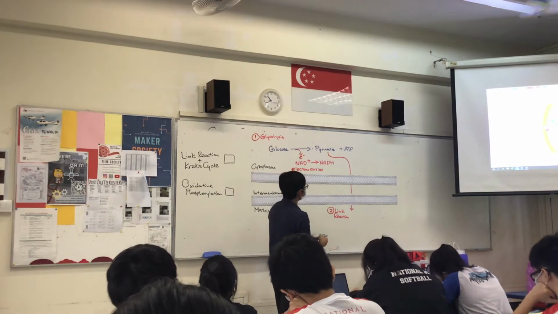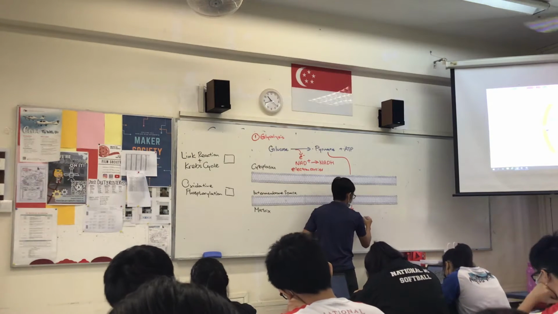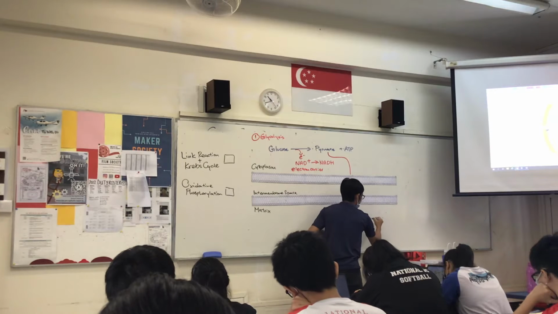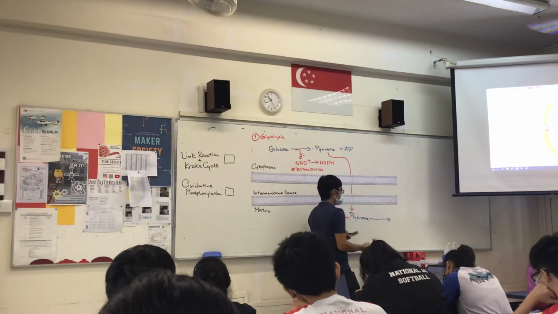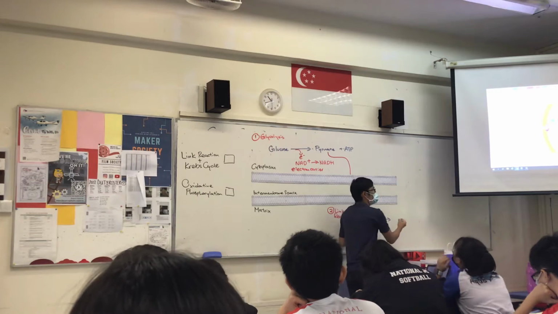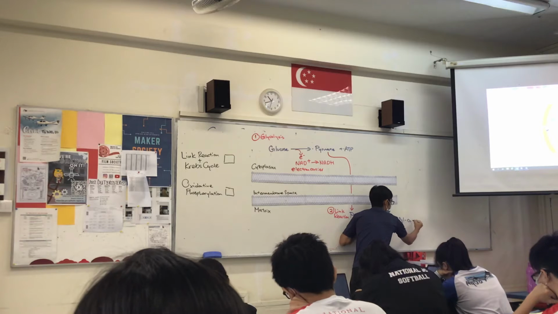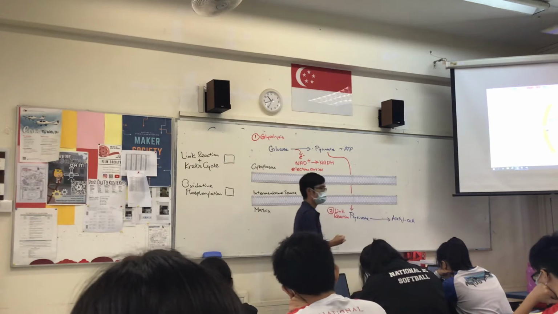If I were to draw the reaction out, this same pyruvate will participate in the link reaction. As mentioned by Rongxuan and Sanjeev, it will form this thing called acetyl-CoA. So that's our next product.